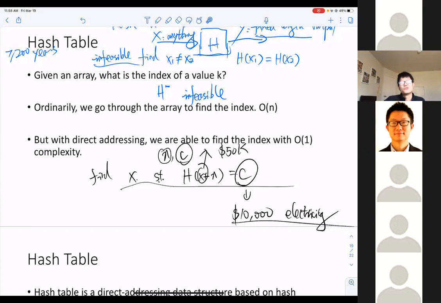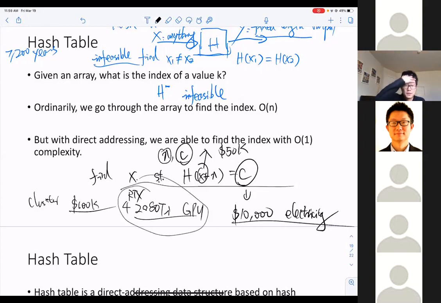Four years ago, when I joined Montclair, I spent around $100,000 on a personal computational cluster with 4 RTX 2080 Ti GPUs, for my research purposes, because I was training some deep learning models.